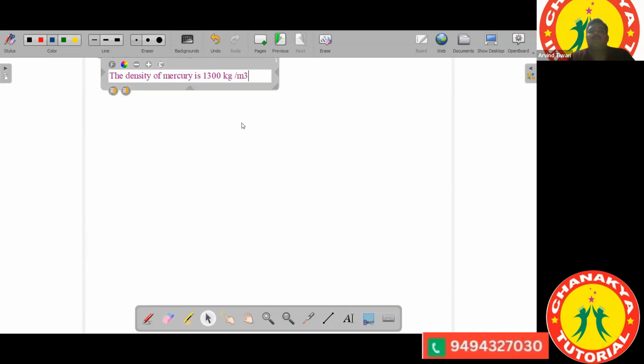What will be the mass of mercury contained in a cube of side 10 centimeter? Try to find out the answer to this.